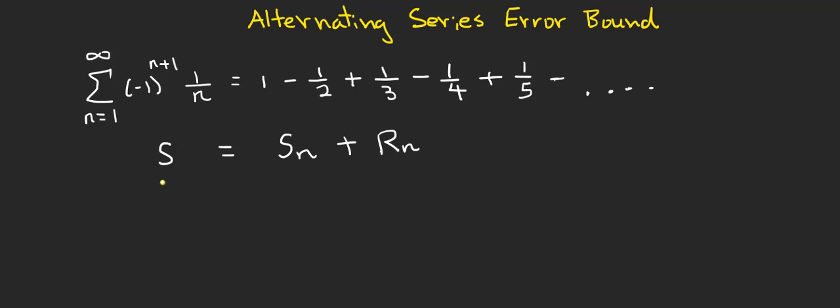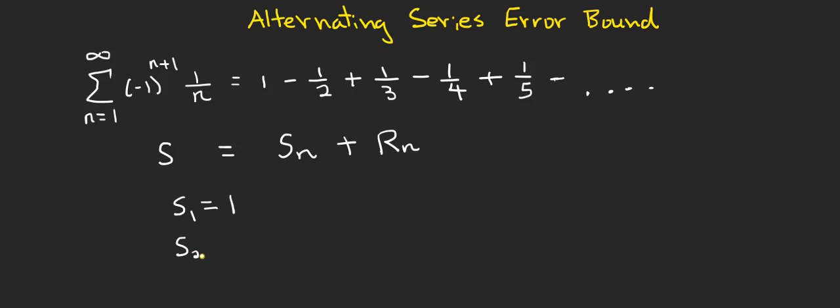So S represents the actual sum of the alternating series, and S of n is the partial sum up to n, and R of n represents the remainder of the approximation or the partial sum. So for example, the partial sum S of 1 will be just 1.